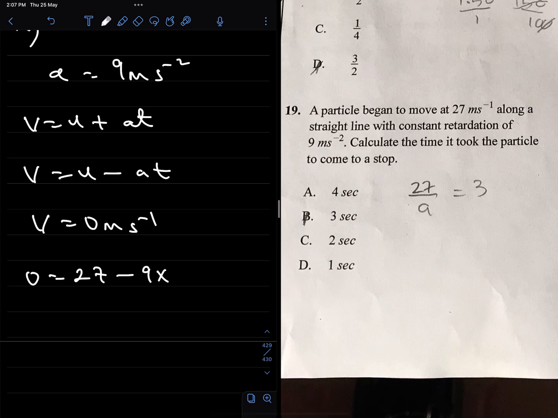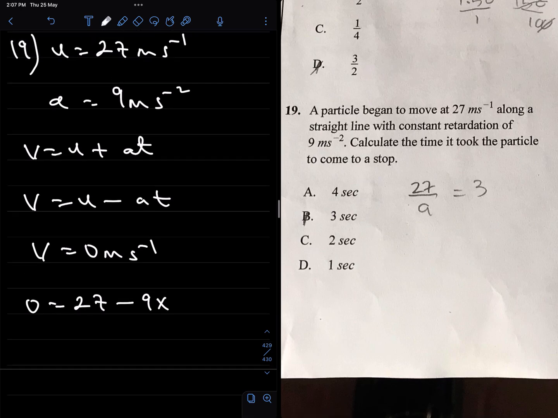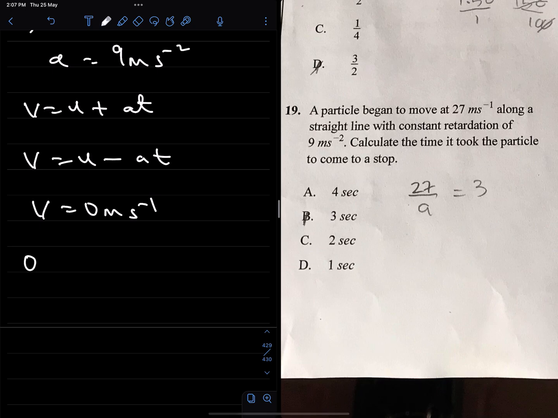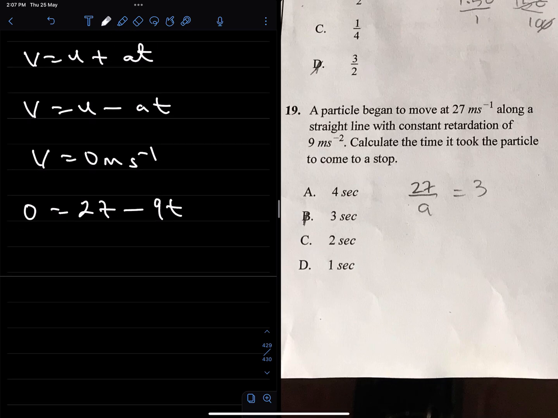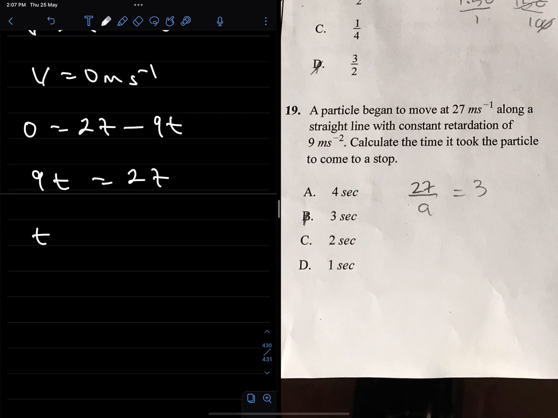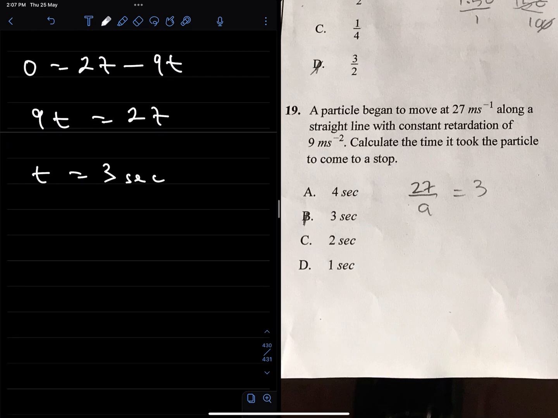Do we know the time it took to come to that stop? We don't know it. They said calculate the time, so that's what we want to find. So 0 equals 27 minus 9t, and that simply means 9t equals 27, which means when you divide both sides by 9, t will be 3 seconds, and the correct option is B.